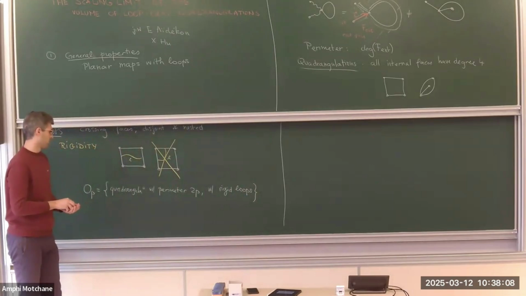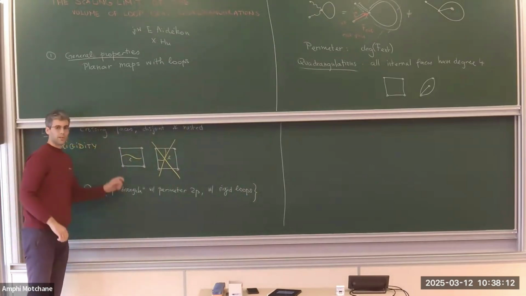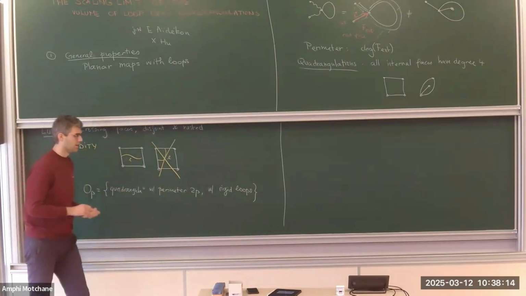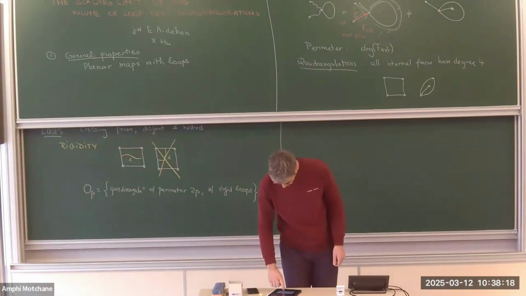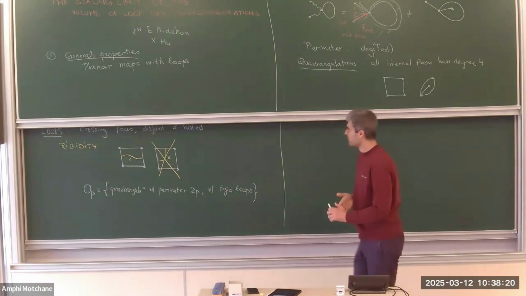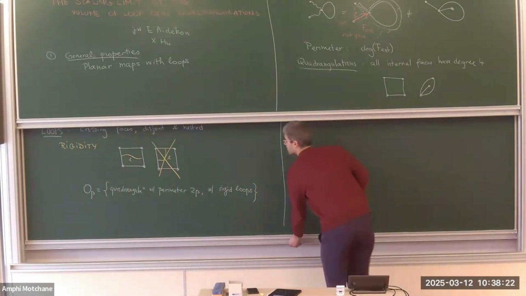This is my sample space, and all of this was deterministic so far. And now we need to introduce the right measure that we're going to look at if we want to do probability.